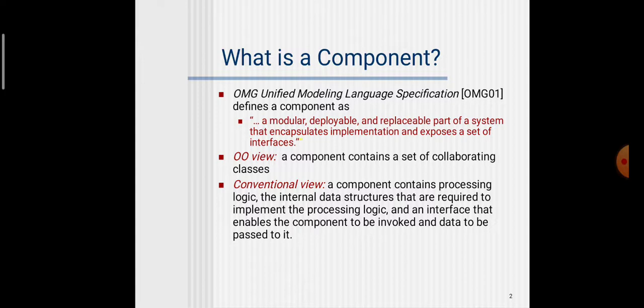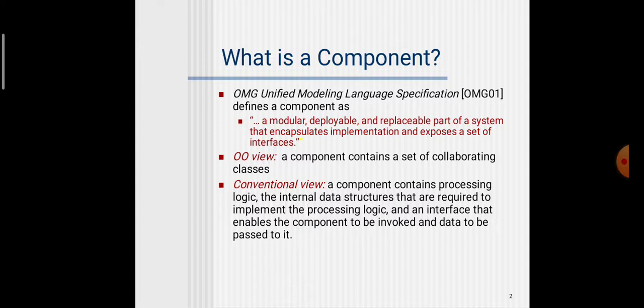So what does a component actually have? The component actually has a processing logic. That means how to process, what are the different methods it has to process, the internal data structure that is required to implement it, so what are the data, the data to implement those methods, and an interface.